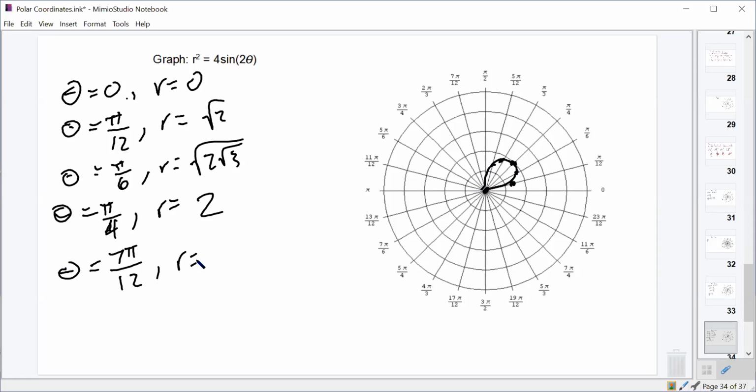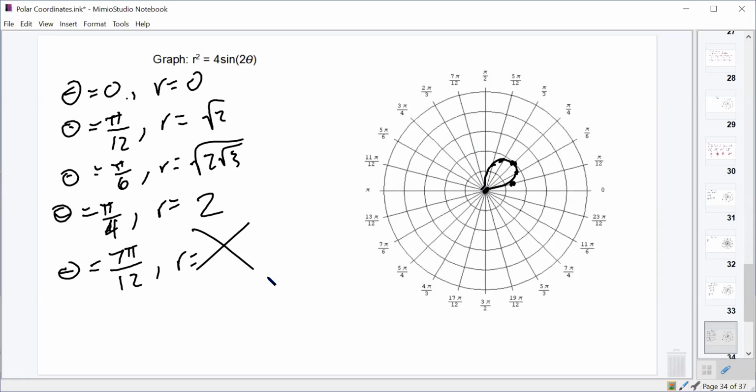Why doesn't r exist? Because you have a square root of -2. We end up with the -2 in there, and we can't take the square root of a negative. So these values that are supposed to be coming out from 7 pi over 12, which would normally be giving us this petal in the second quadrant, aren't going to exist at all. All right, so we got nothing there.